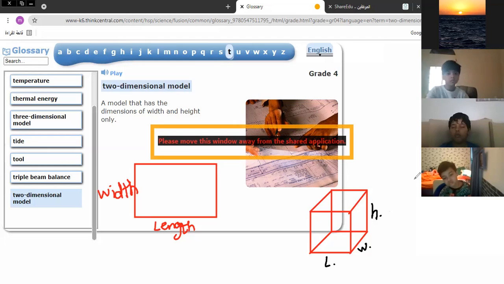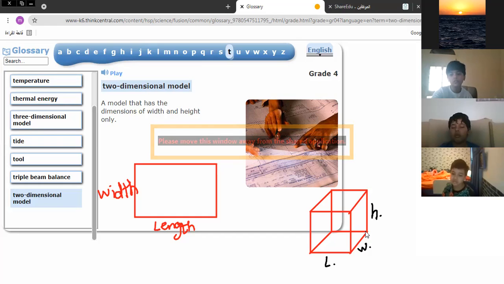So this cube is like your room, Saleh. Can we say our room is a three-dimensional model or a two-dimensional model? Three-dimensional. Why? What is the reason? Because it has a height and width.